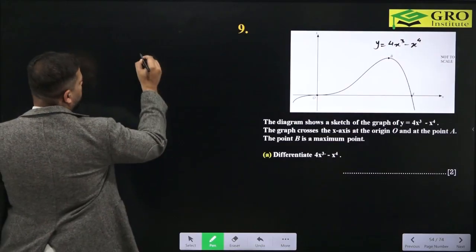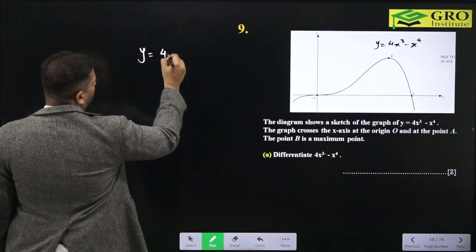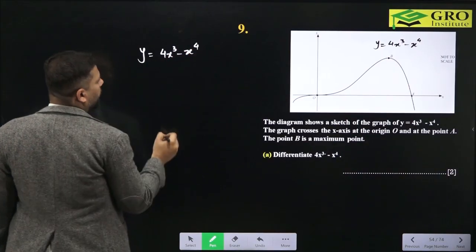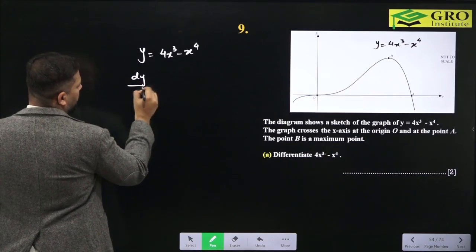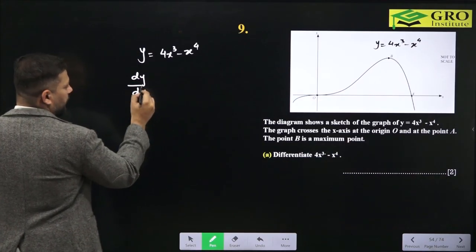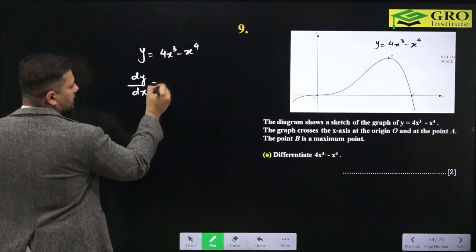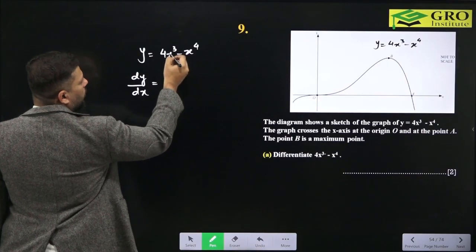So what is given to us? y is equal to 4x cube minus x raised to power 4. If we have to differentiate, we will write it as dy upon dx. We are differentiating this equation y in terms of x. What is the exponent of this variable?